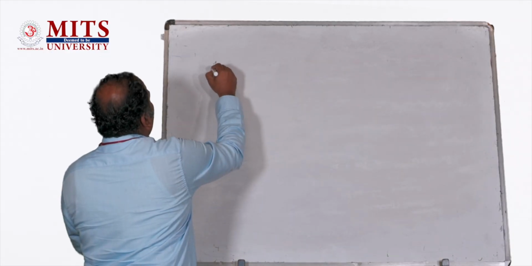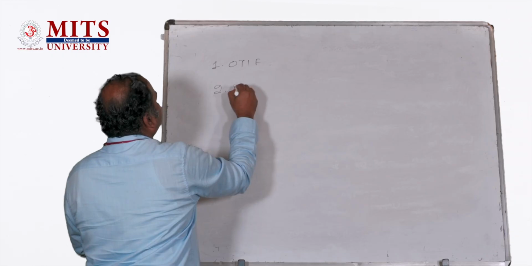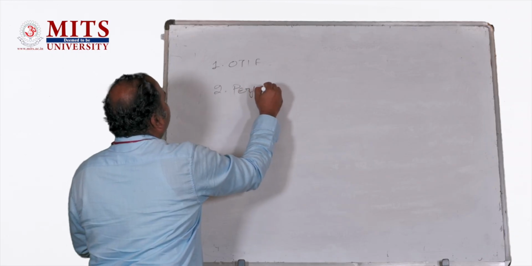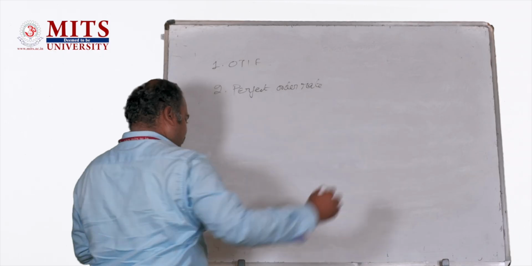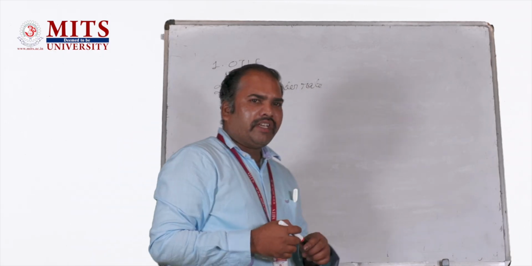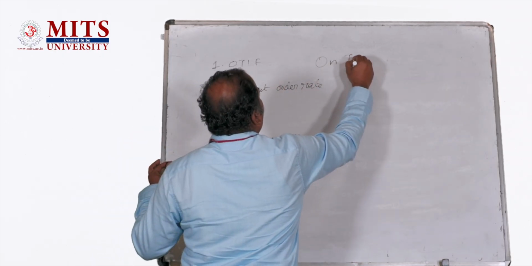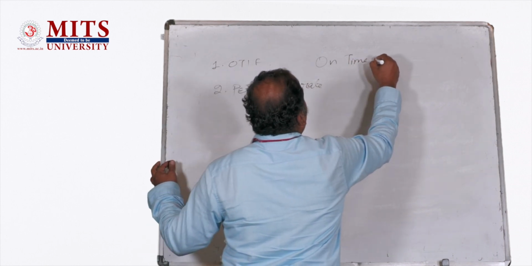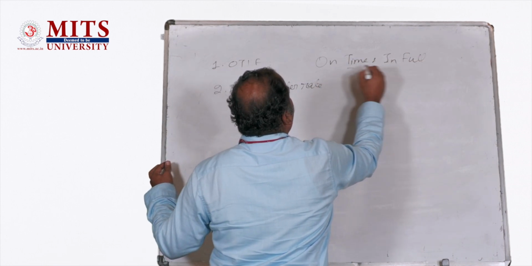Two things. One is OTIF. Second one is perfect order rate. OTIF is nothing but, the expansion is simple, on time and in full. OTIF.